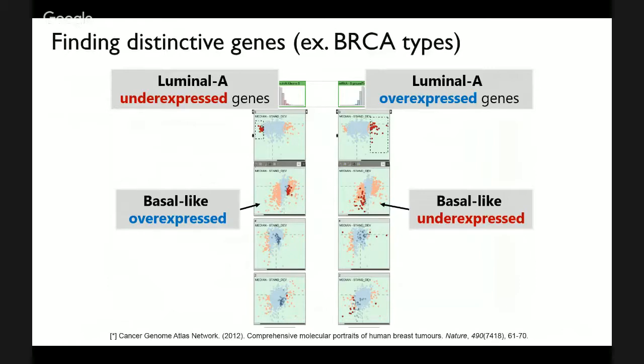So the second one, I'm not sure my mouse will be showing, but on the left side of this one, lowly expressed genes for one group are highly expressed for the other group. That's a clue for us on how to characterize these groups even further, to comment on the reasons why we see these clusters.